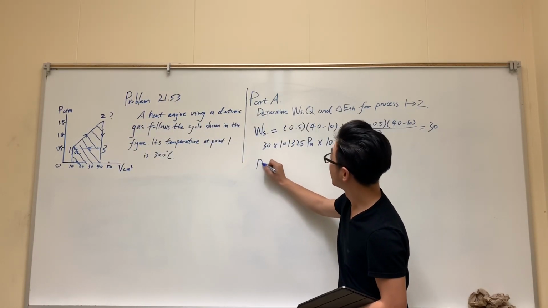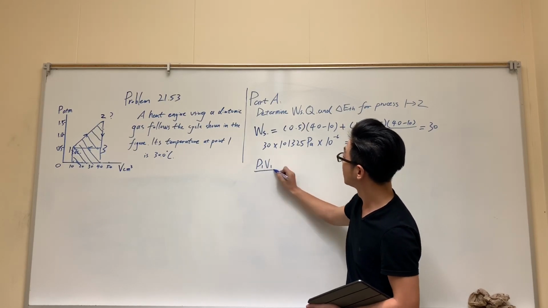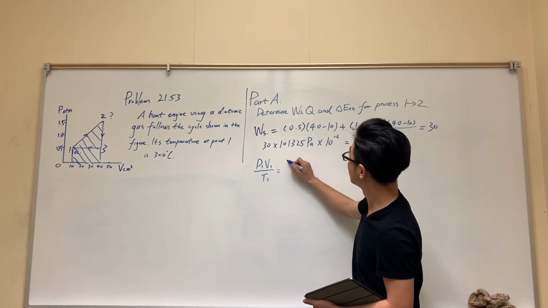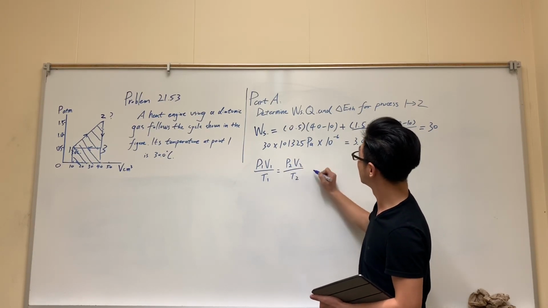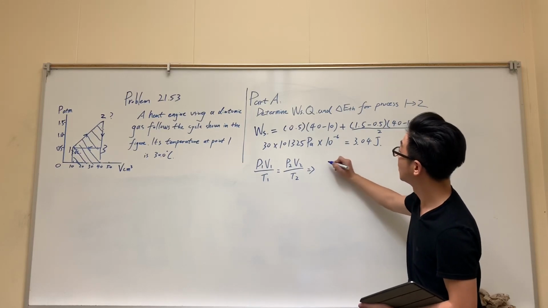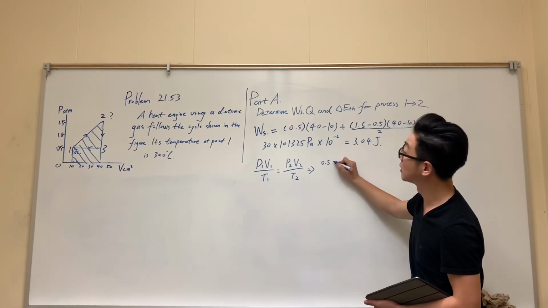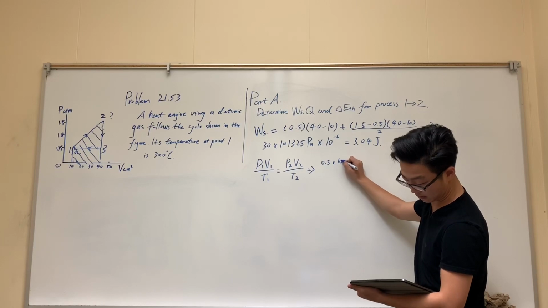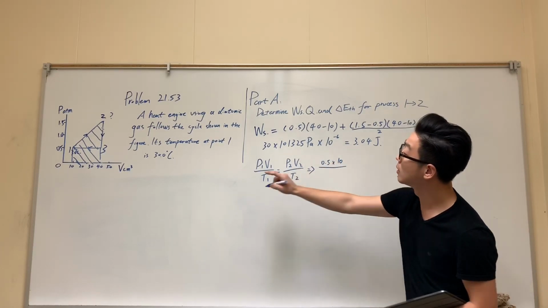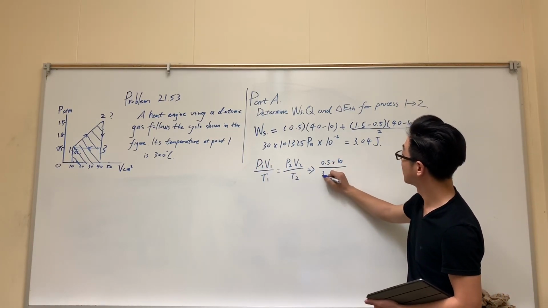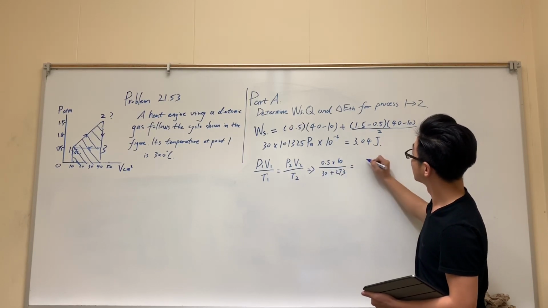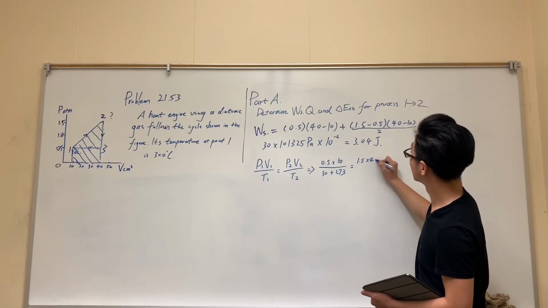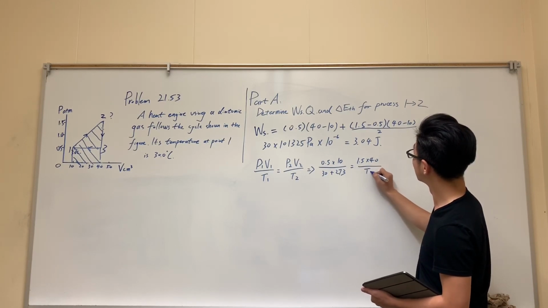We can use P1 V1 over T1 equals P2 V2 over T2, and we can get 0.5 times 10 over, that is 30 Celsius, will be 30 plus 273, equals 1.5 times 40 over T2.